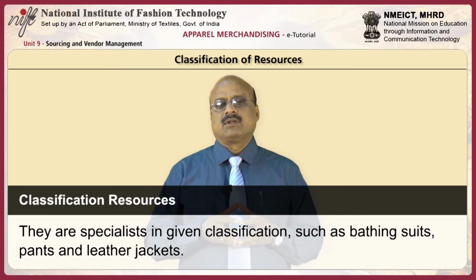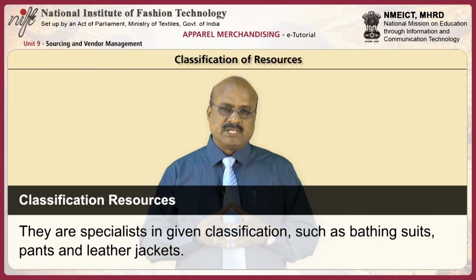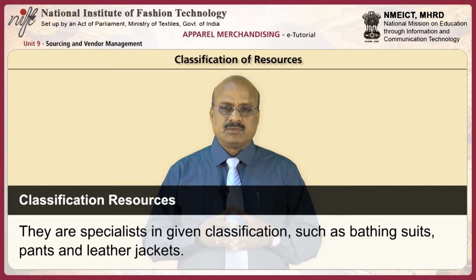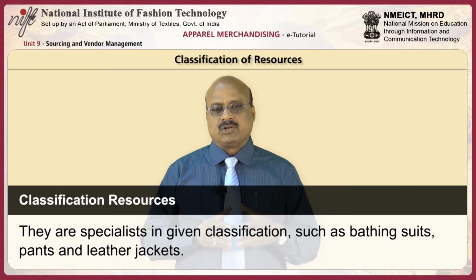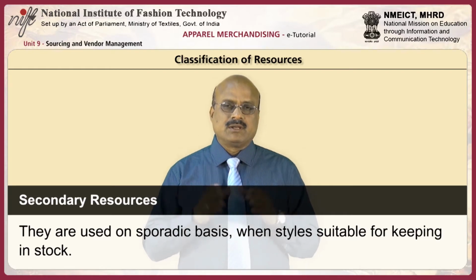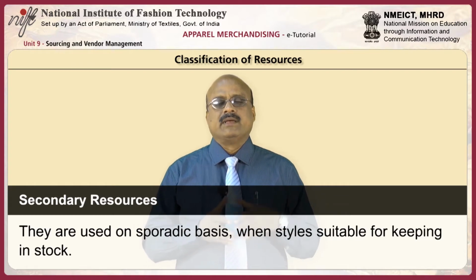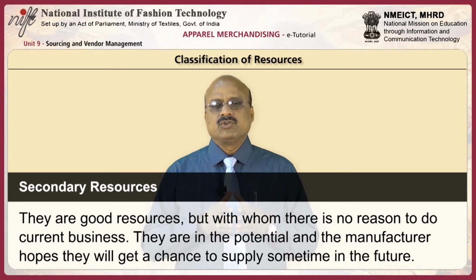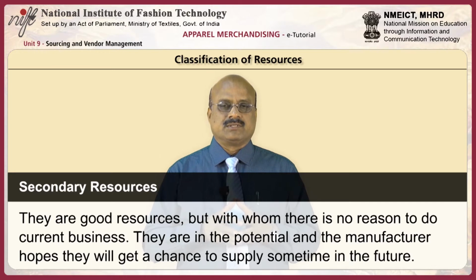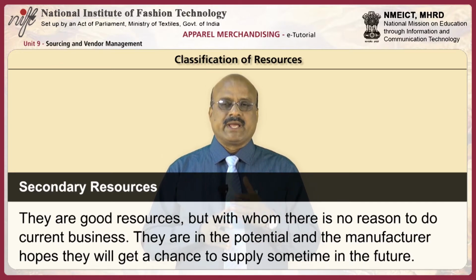Classification resources are specialists in a given classification, such as bathing suits, pants, and leather jackets. Secondary resources are used on a sporadic basis when the styles are suitable for keeping in stock. Shopping resources are good resources, but with whom there is no reason to do current business.